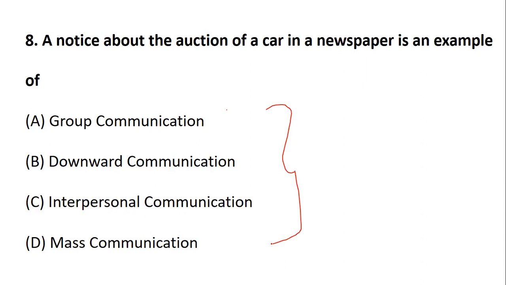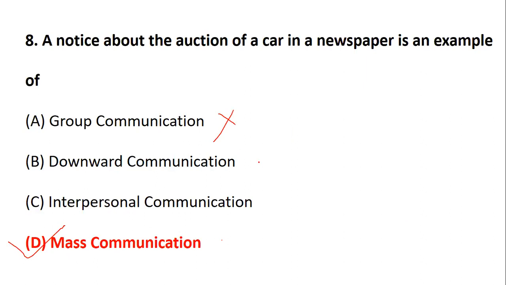So, such a newspaper ad, you are trying to reach a huge mass of audiences, so obviously it will be called what? It will be called mass communication, not group, obviously not downward, not interpersonal, it's not between one or two people. It is at a huge, mass level, and hence it comes as what?